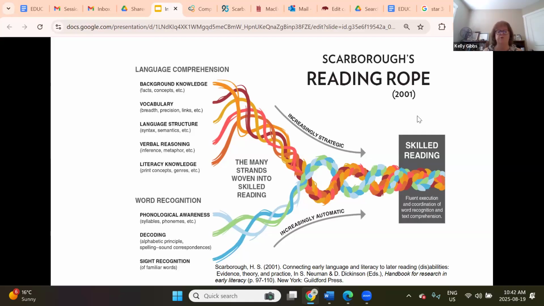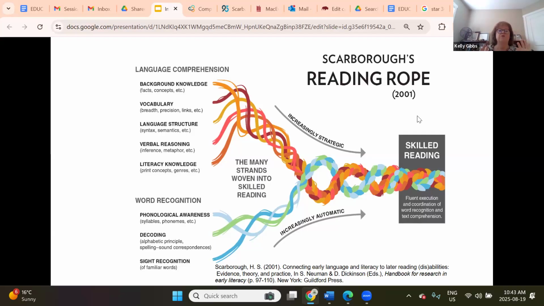Hollis Scarborough put together the Reading Rope back in 2001, and we have two different ropes, if you like, and each part of each rope has individual strands. And one of the things that we know is that when there is a strand that is frayed, just like in wiring in a house, if one strand has gone wrong, it can affect all the other strands.